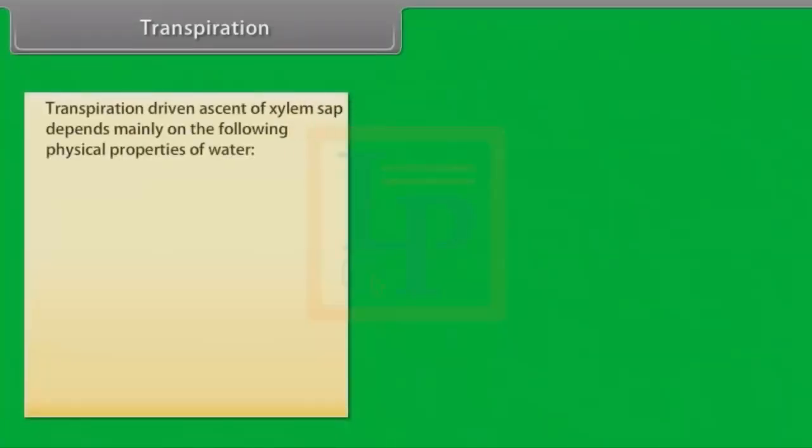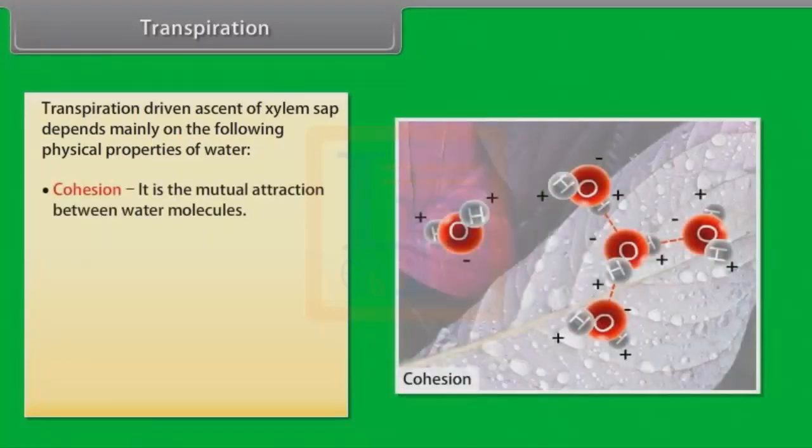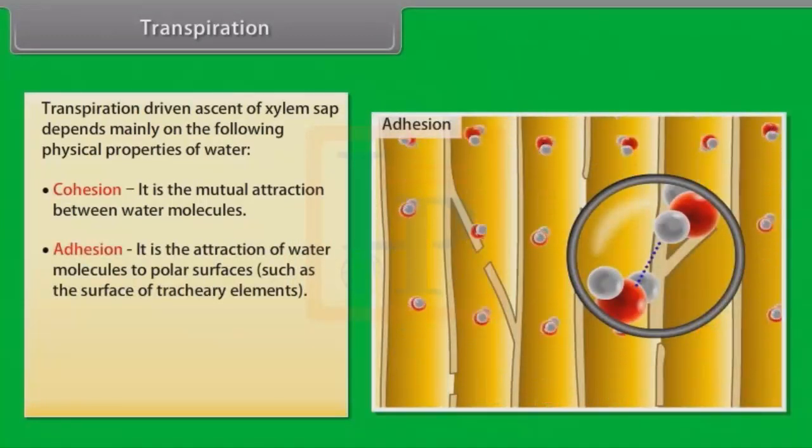Do you know that the transpiration-driven ascent of the xylem sap depends mainly on some physical properties of water? These are cohesion, adhesion, and surface tension. Cohesion is the mutual attraction between water molecules. Adhesion is the attraction of water molecules to polar surfaces such as the surface of tracheary elements.